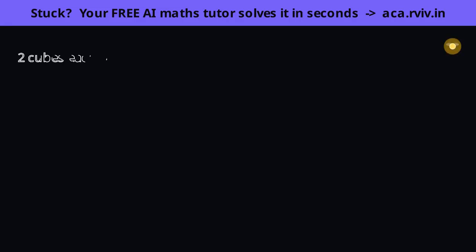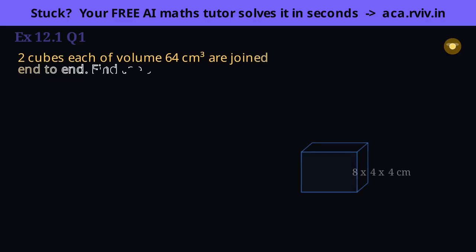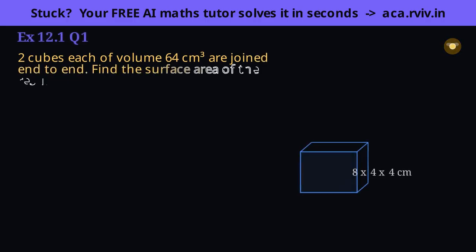Two dice glued face to face make a domino, one long box. But watch what happens to the two faces that get glued together. We're given each cube's volume, but to find surface area we need its length. So let's recover the edge.